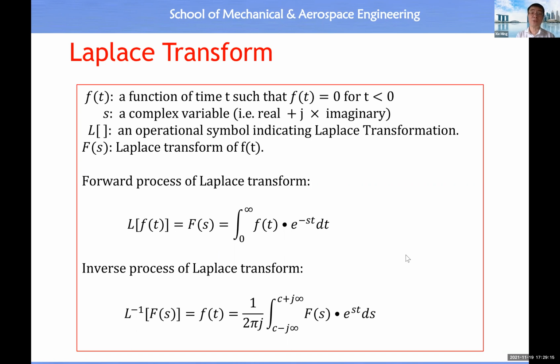Some of you may say, wow, this is very complicated to undertake these two types of integration. But the good news is, in practice, you will never use these two integrations because you can apply some simple rules to find the forward transformation and inverse transformation, all right?